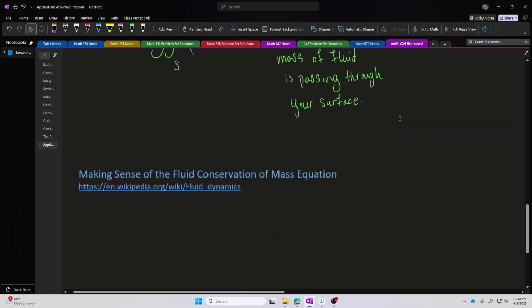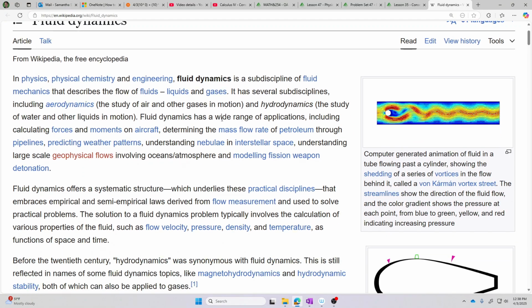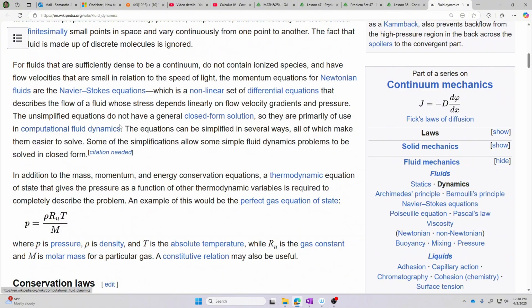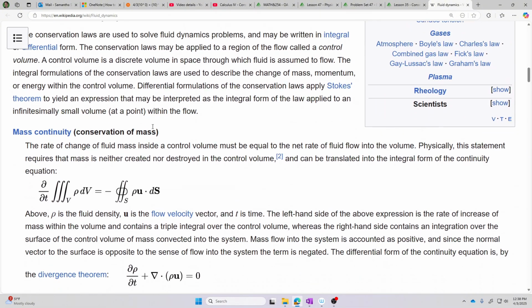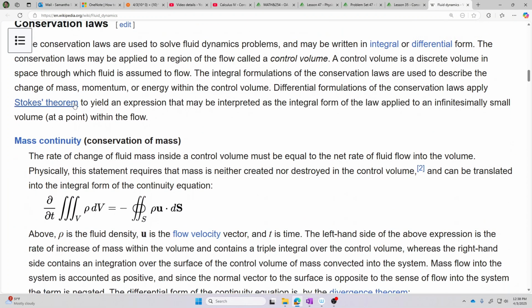One of the nice physical formulas that I like to show students, both in this class and as they progress into differential equations, is the equation that you see on the fluid dynamics page of Wikipedia. Namely, this one right here, mass continuity, the conservation of mass equation in fluid dynamics.